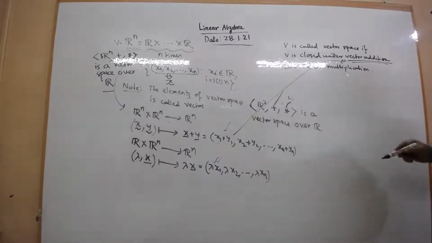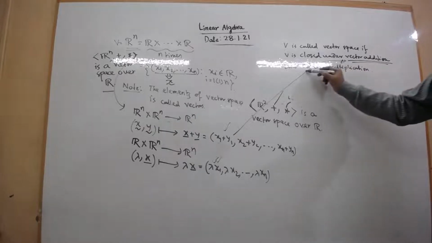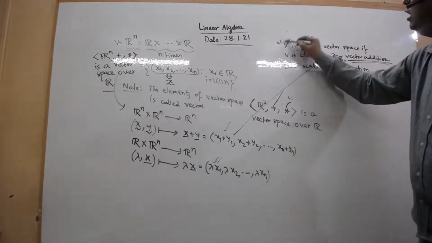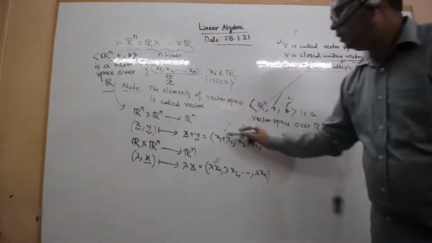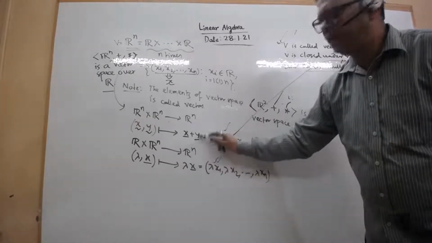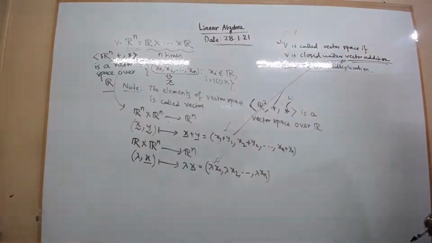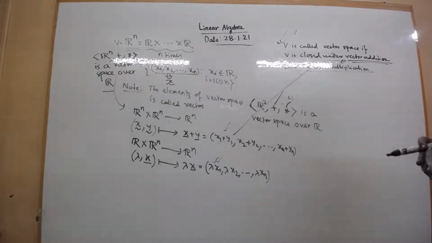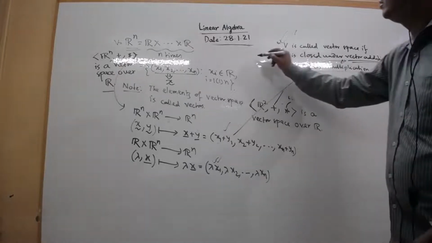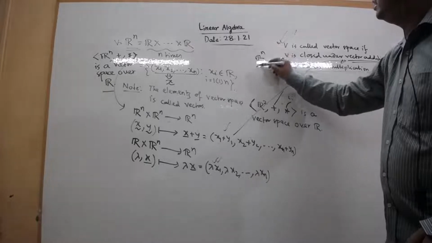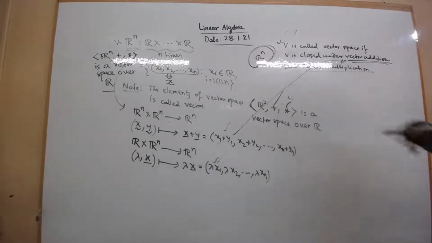So this definition holds only if we define our addition and scalar multiplication as such. Otherwise, this is not true. Moreover, I restrict our discussion only to Rn, because in statistics we consider the points in n-dimensional space.